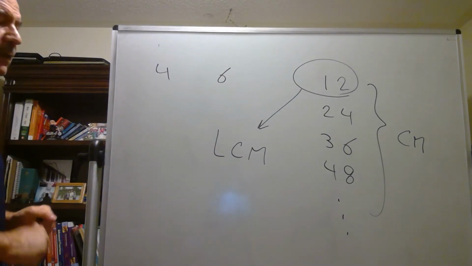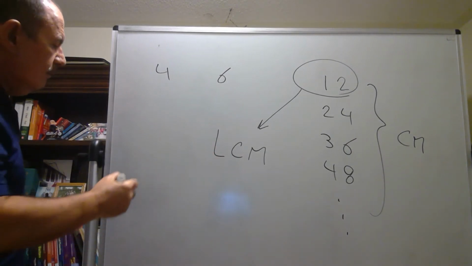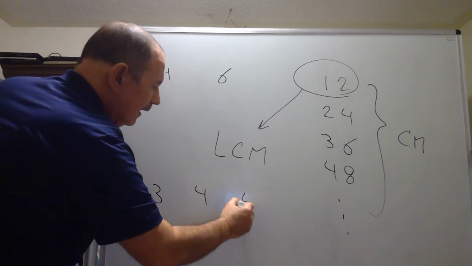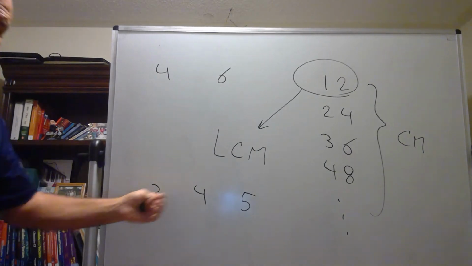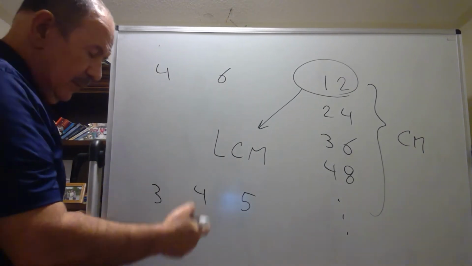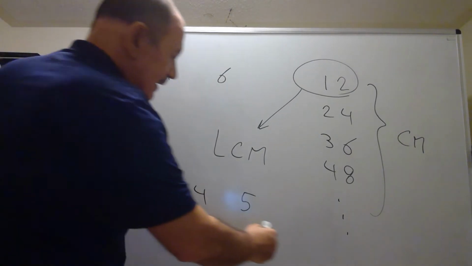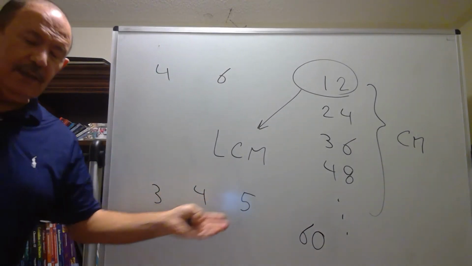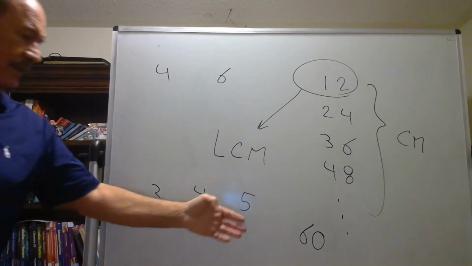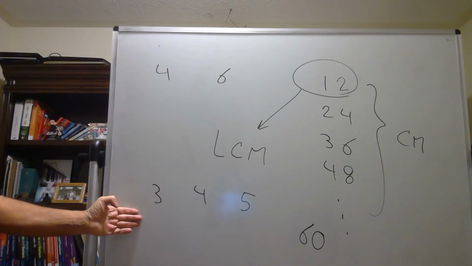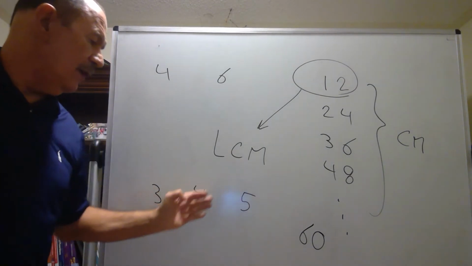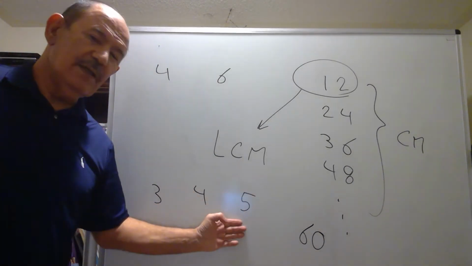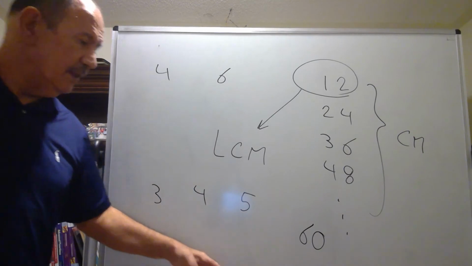So for any set of 2 or more numbers, like 3, 4, and 5, as an example, 60 is one of the common multiples for all of these, because 60 divided by 3, the answer is 10, remainder is 0. 60 divided by 4, the answer is 15, remainder is 0. 60 divided by 5, the answer is 12, remainder is 0.